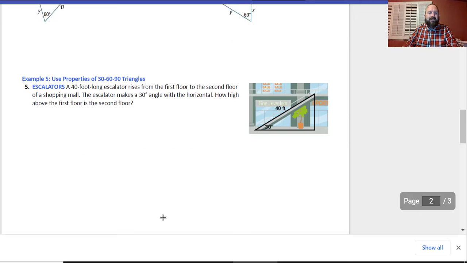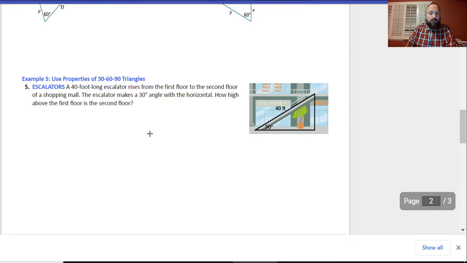All right, example 5. A 40-foot long escalator rises from the first floor to the second floor of the shopping mall. The escalator makes a 30-degree angle with the horizontal. How high above the first floor is the second floor? So we have to figure out what they're doing.